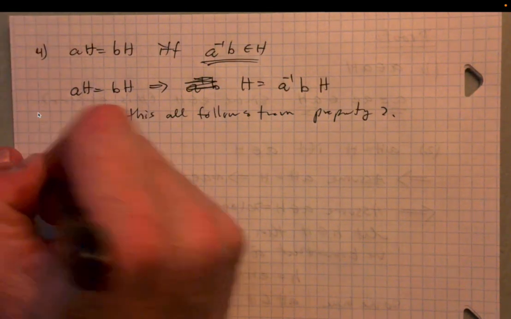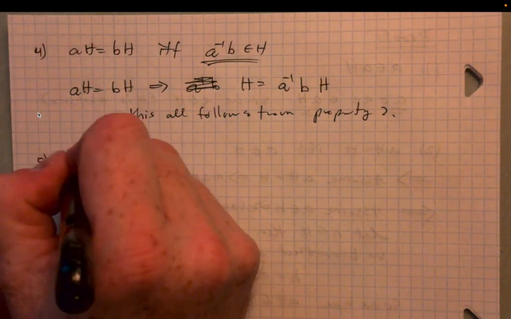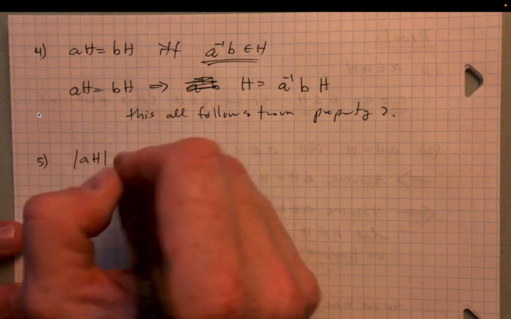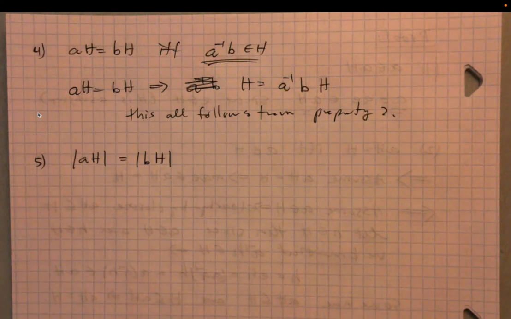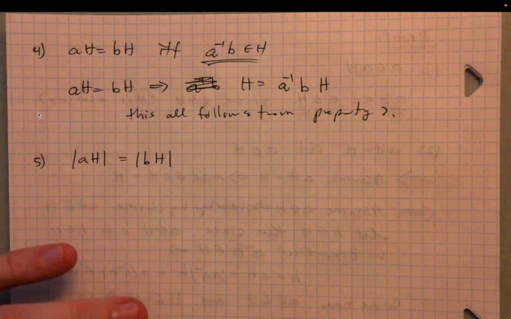Okay, how about item 5? Item 5 says that the size of AH and the size of BH are the same. The orders are the same. Okay, so how can we do this? Well, one of the best ways to see this kind of thing is to think about it from the standpoint of a map, right?